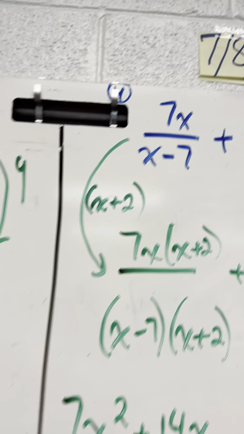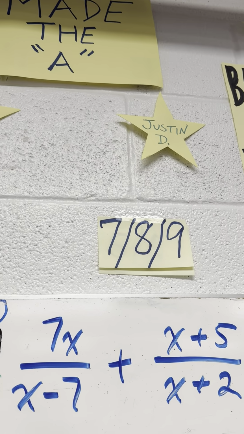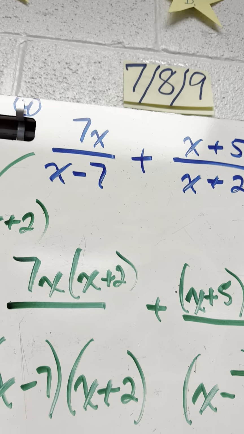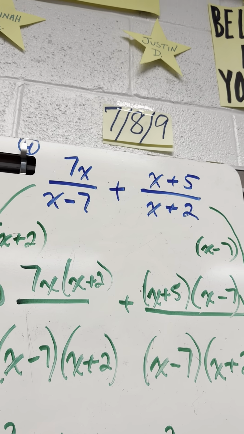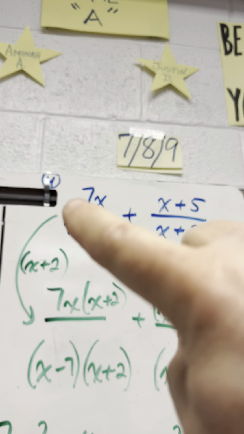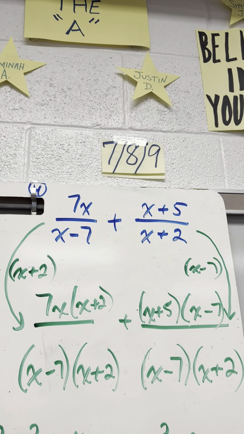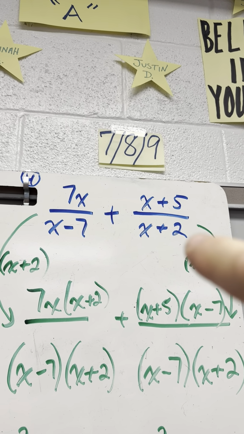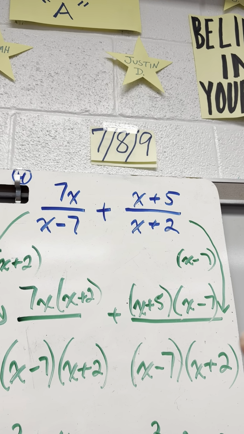What's the common denominator here? Would you agree that it's going to be x plus 7 times x minus 7 times x plus 2? So this one gets multiplied by x plus 2. So 7x times x plus 2. This one gets multiplied by x minus 7.